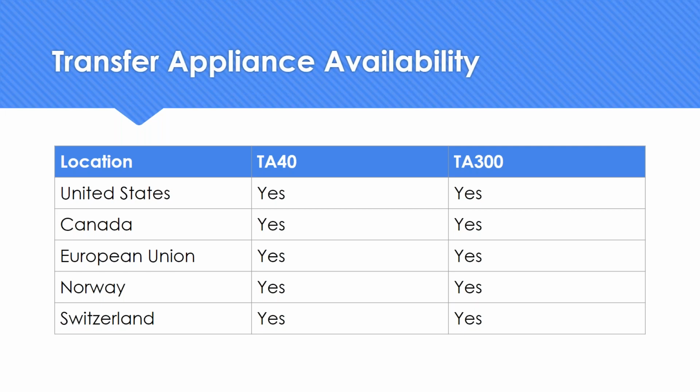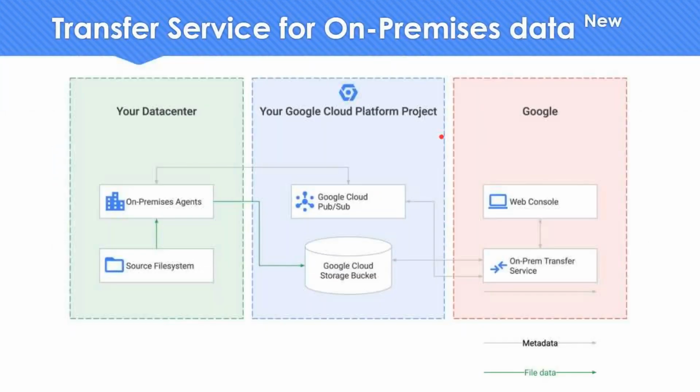So if there is no option like this, and I wanted to do it in a more regular way, that's where you get a new alternative option called Transfer Service for on-prem. This product was launched last year, close to 10 or 11 months ago if I'm not wrong.